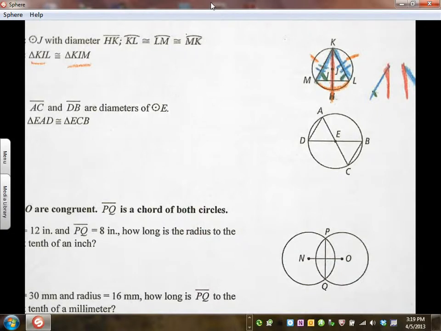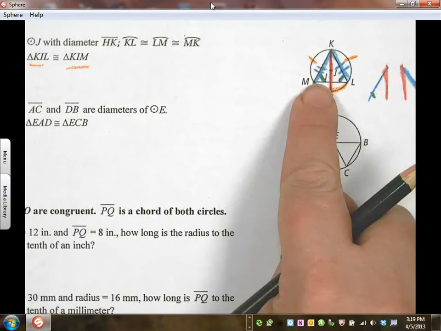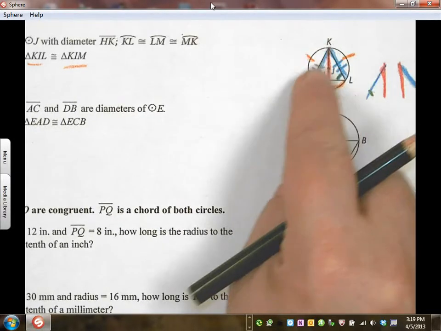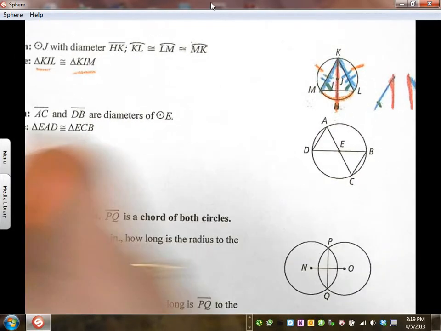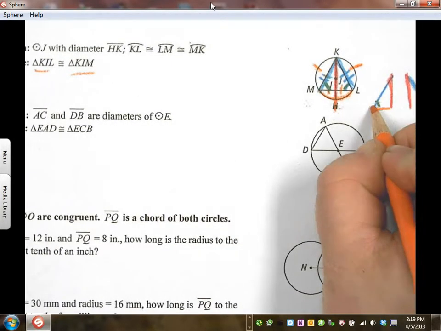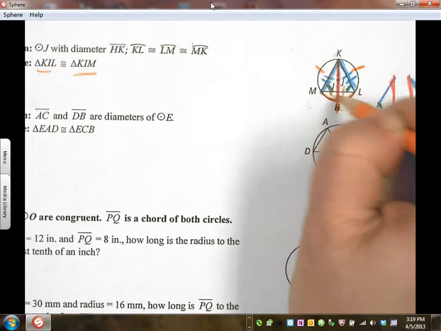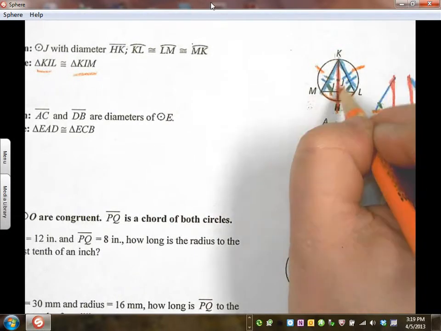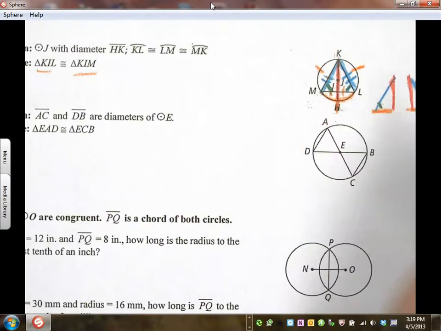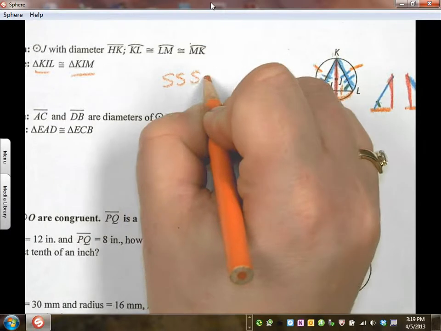Well, if it's an isosceles triangle, we're pretty certain that this has got to be bisected here, because it's the same distance. So this is going to be congruent to this. So we are going to have another congruent side, because if this is an isosceles triangle, I know that these two ends of the diameter are going to be the same distance apart. So we would have side, side, side congruence.